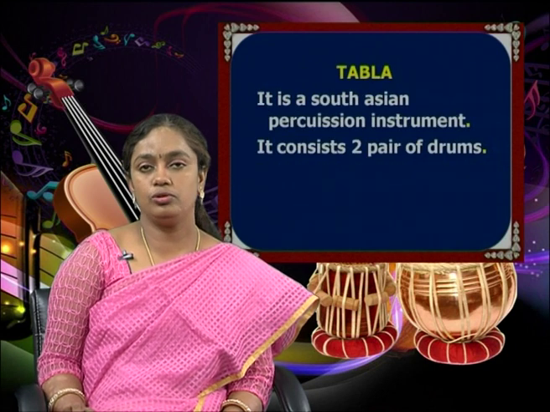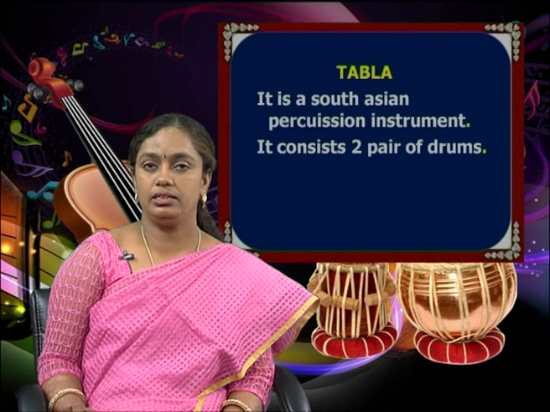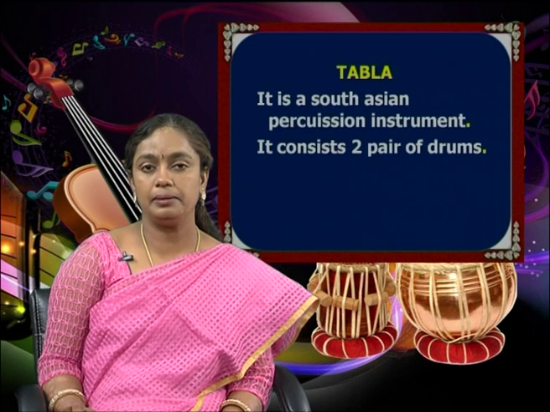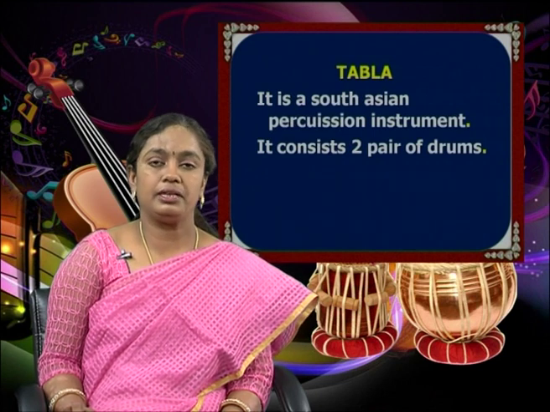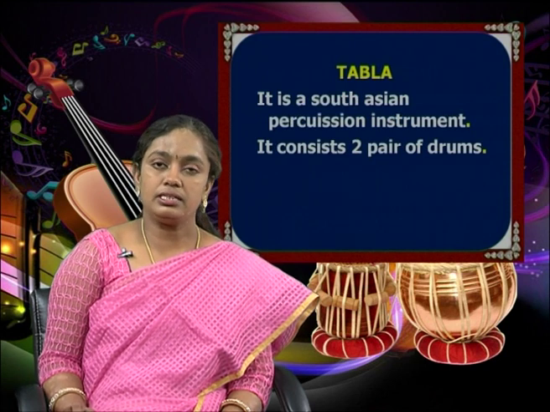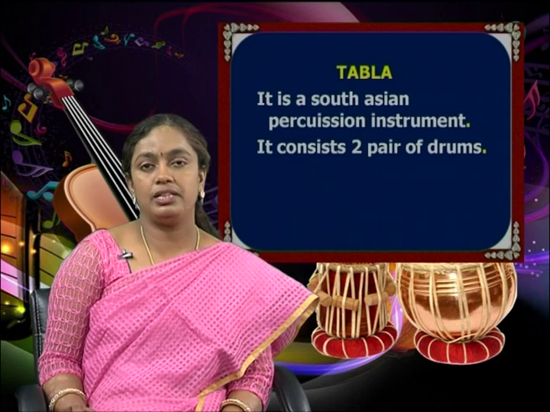And now let us move to another percussion instrument of North India, that is tabla. Tabla is a South Asian percussion instrument. It consists of a pair of drums played with the hands. And you can see the picture of tabla here.